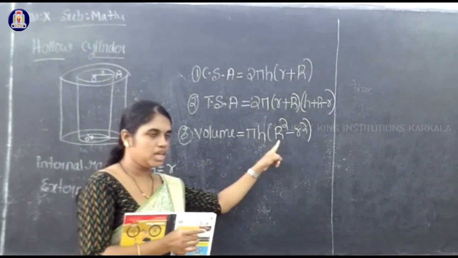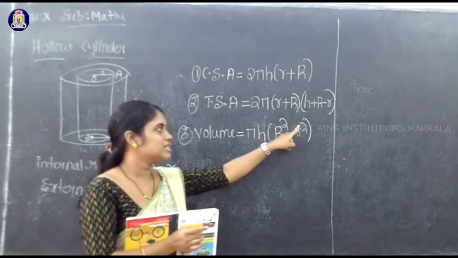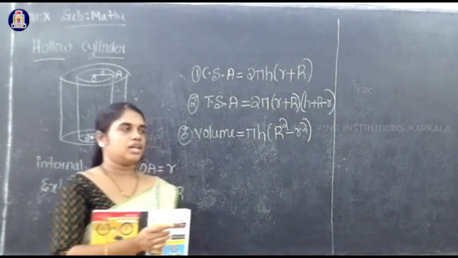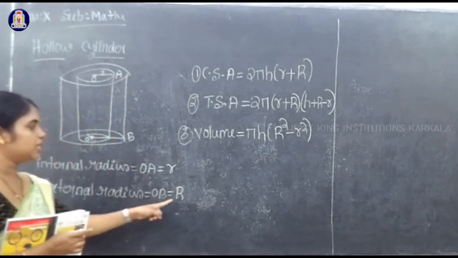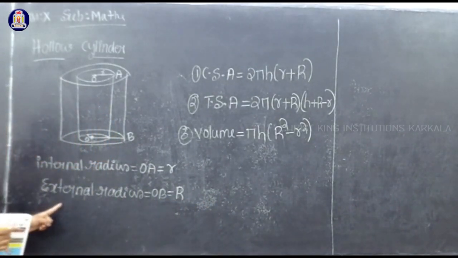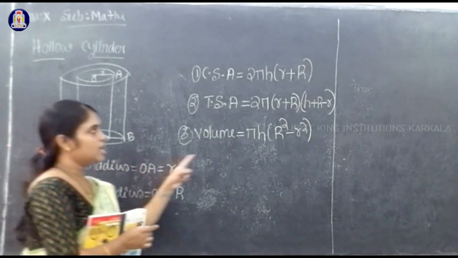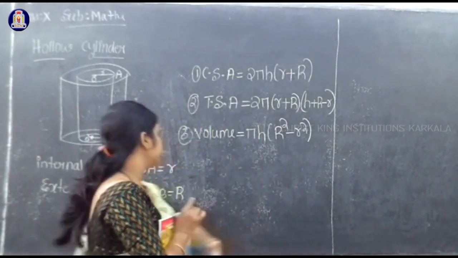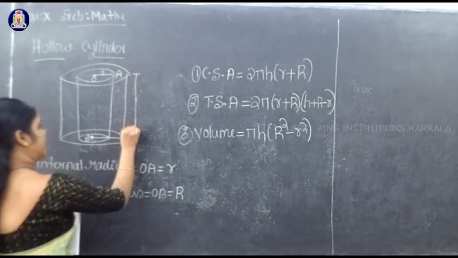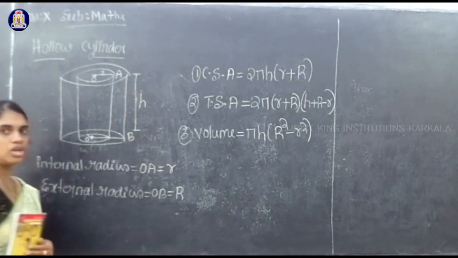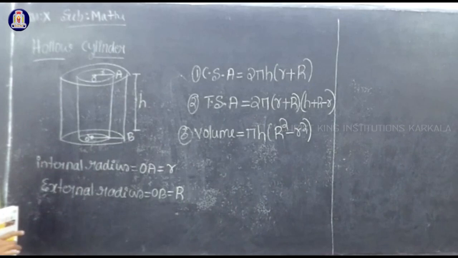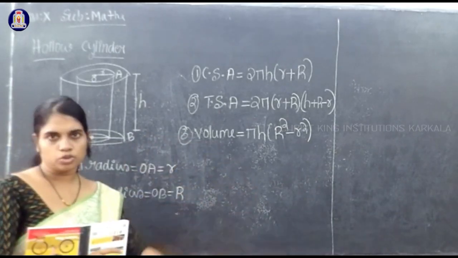So the square of the external radius minus the square of the internal radius. See students, capital letter R means external radius, small letter r means internal radius, and h means height. This is h, the height of the hollow cylinder, and pi means 22/7.